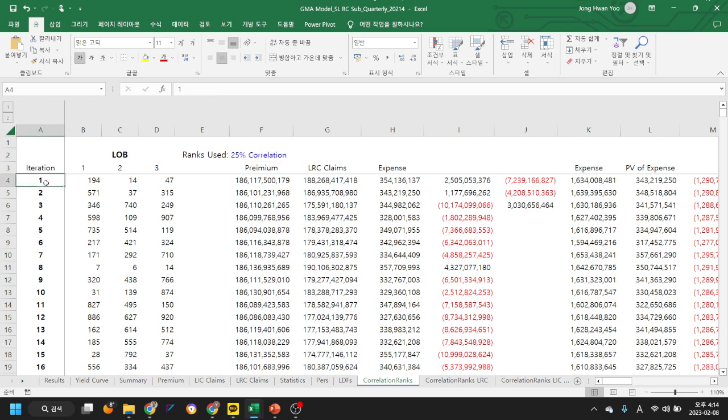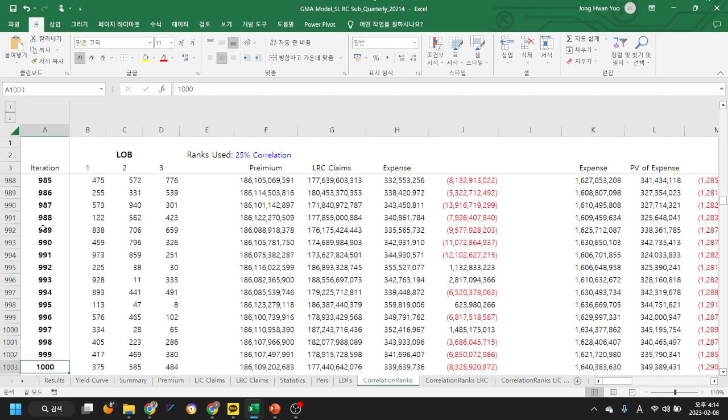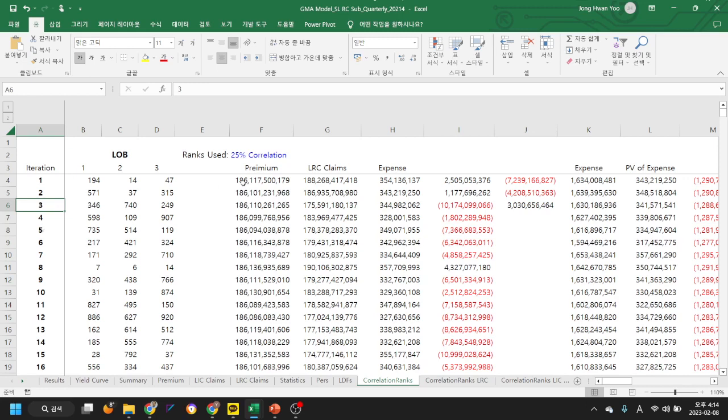Let's say I have now finalized 1,000 different scenarios of all the different cash flows. There is a premium 1,000 scenarios, claims 1,000 scenarios, and expense 1,000 scenarios. And you have to apply the correlation among those three different cash flows.